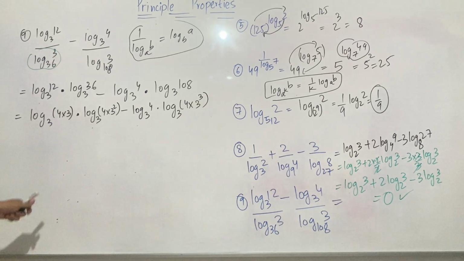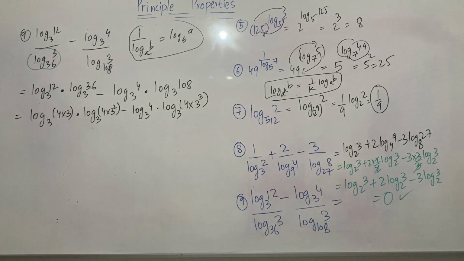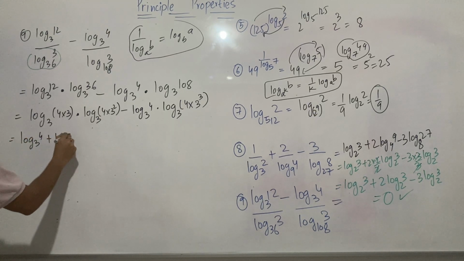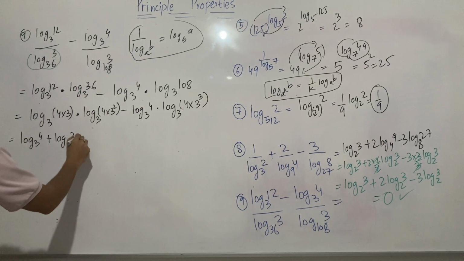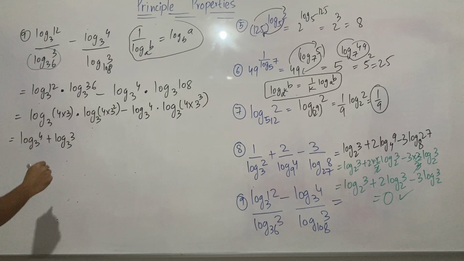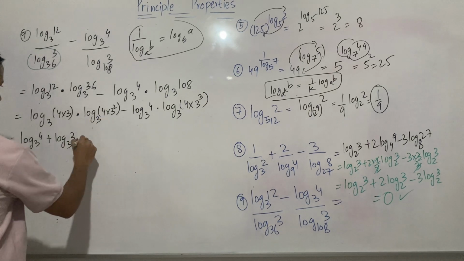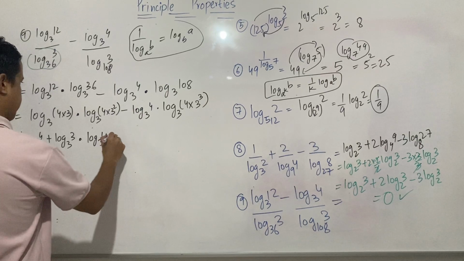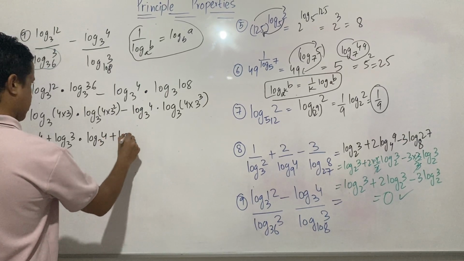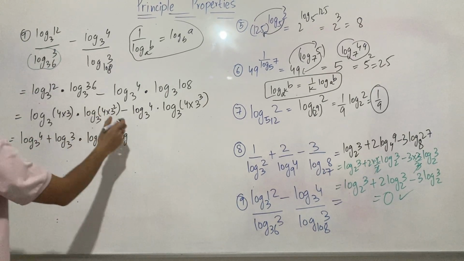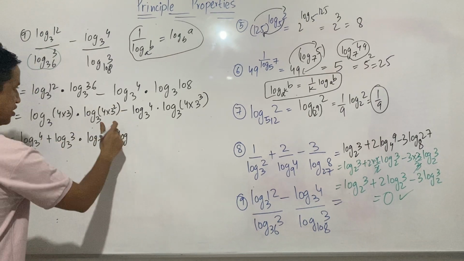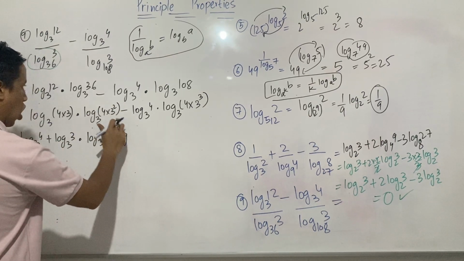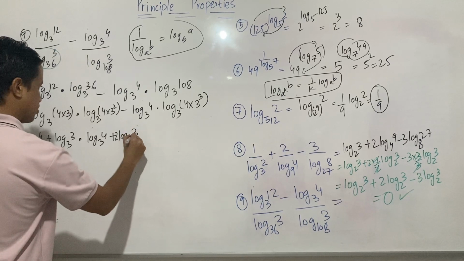Now let's simplify it. We can use the product rule here, which says log mn is log m plus log n. So it would be log 4 to the base 3 plus log 3 to the base 3. Then here again the product rule: log of 4 to the base 3 plus 2 log 3 to the base 3. Why?